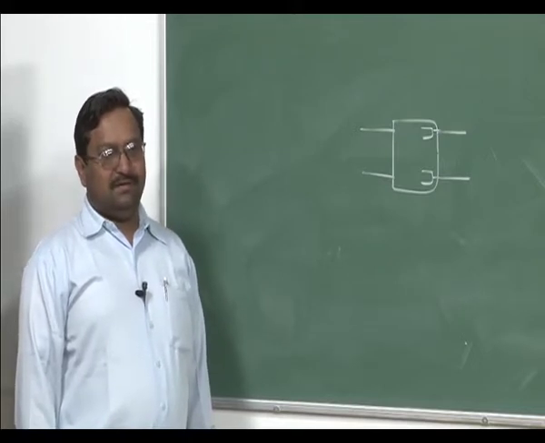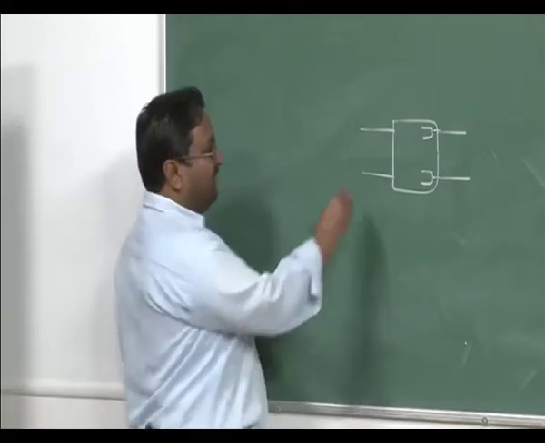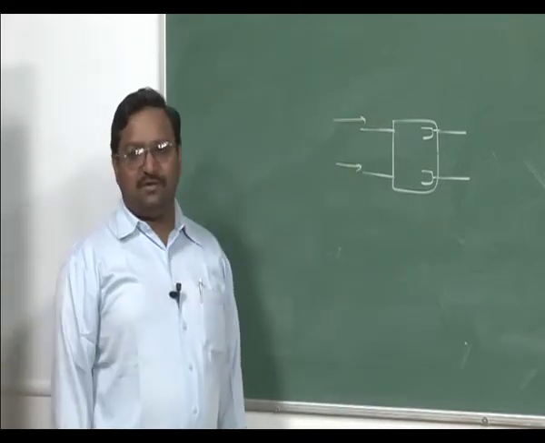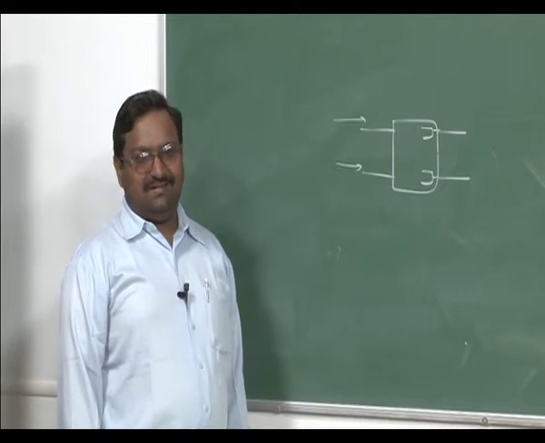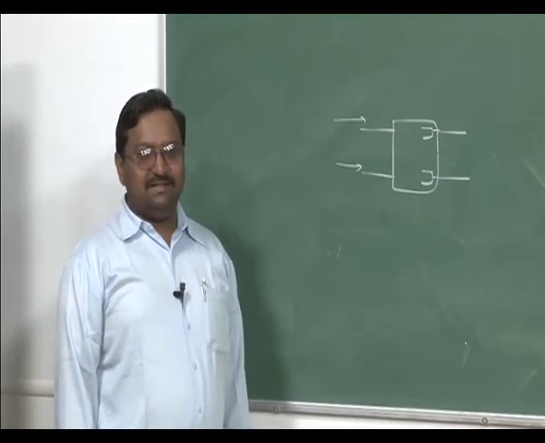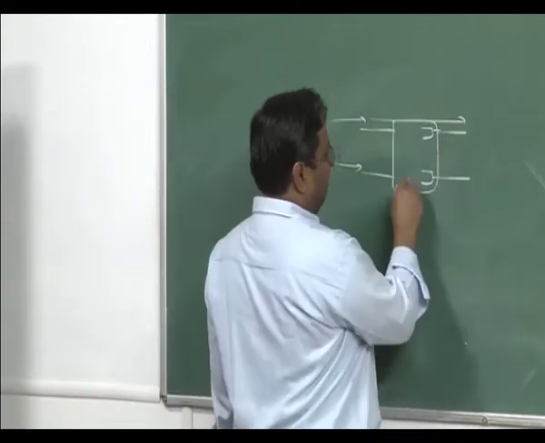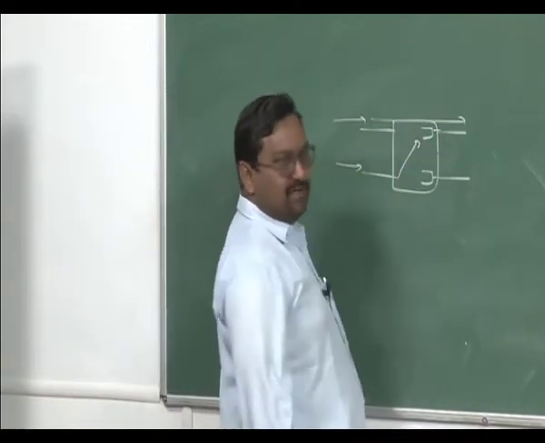Now, if there are two packets coming, two packets come into the system, then what will happen? There is a contention. One of them can go out directly, the other one can be buffered.